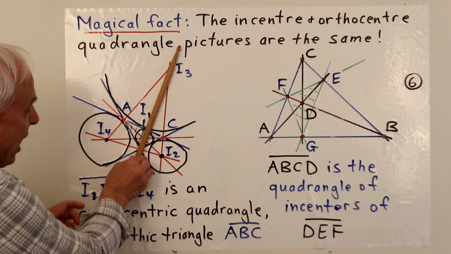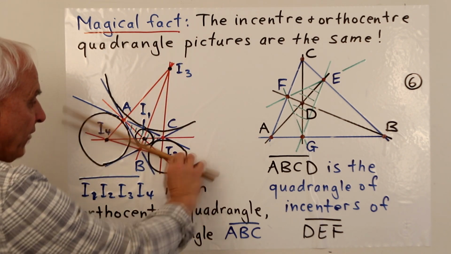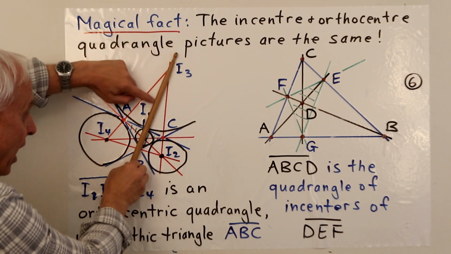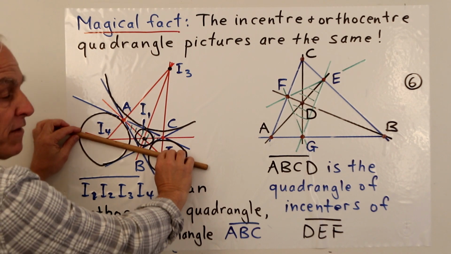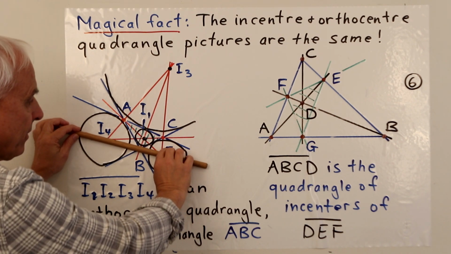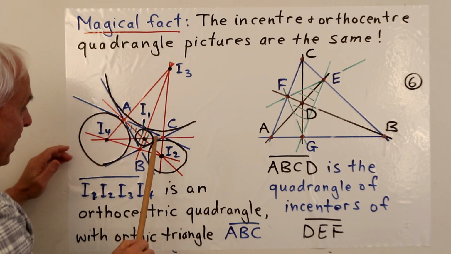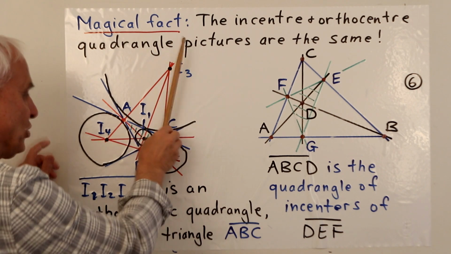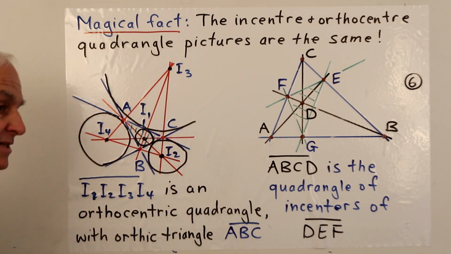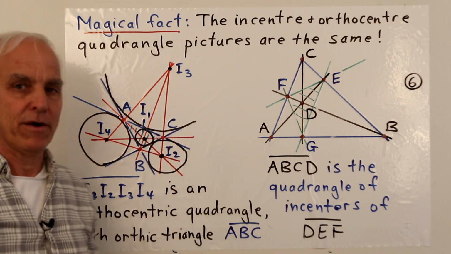So this is a byline at B, and this is a byline at B. So yes, indeed, this line here is really the altitude from I3 to I2, I4. This is an altitude from I2 to I3, I4. And this one here is an altitude from I4 to I2, I3. So yes, indeed, I1 is the orthocenter of I2, I3, I4.